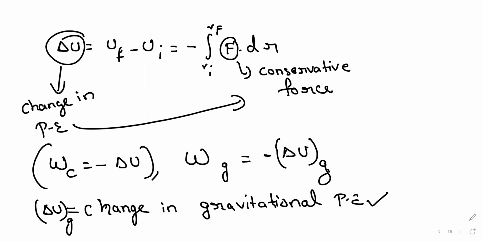Remember these points: potential energy can be defined only for conservative forces. Potential energy depends on the frame of reference. The relationship between a conservative force and potential energy is given by F equals minus dU by dx. Please note it down. This is very important.